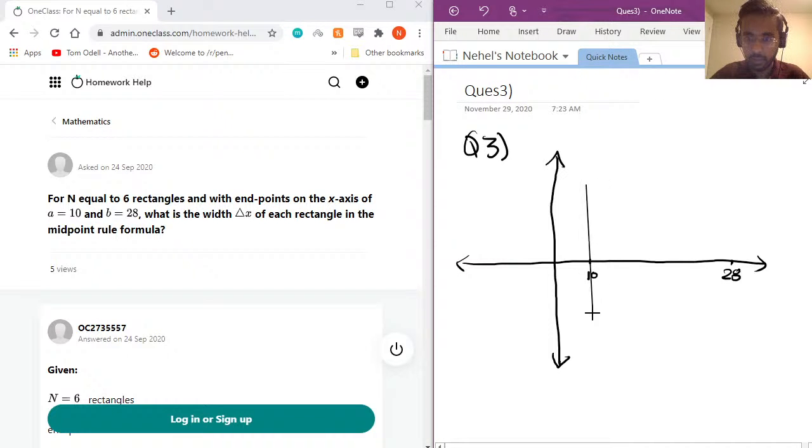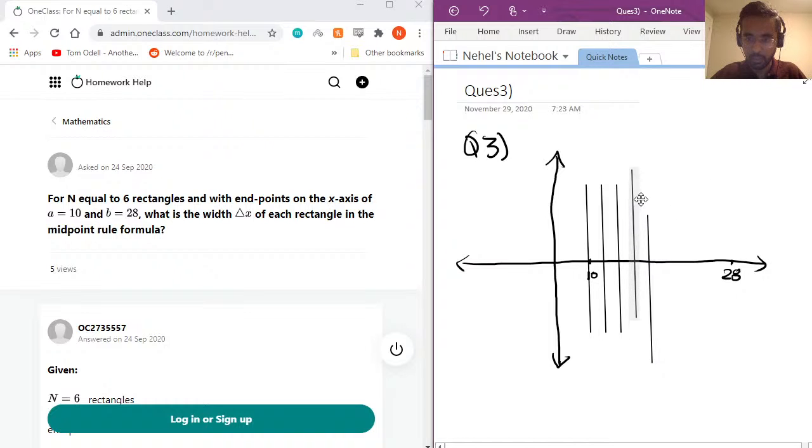Okay, so we have 6. So the first one, we have the second one, or this is the first one. That's 2 rectangles so far. That's 3, 4, 5, and then 6.